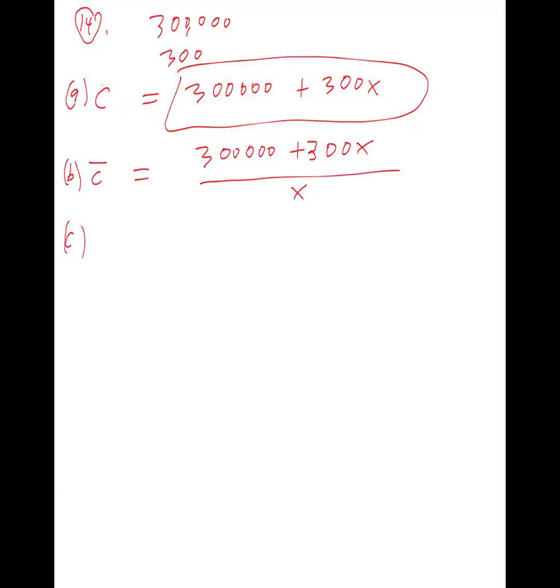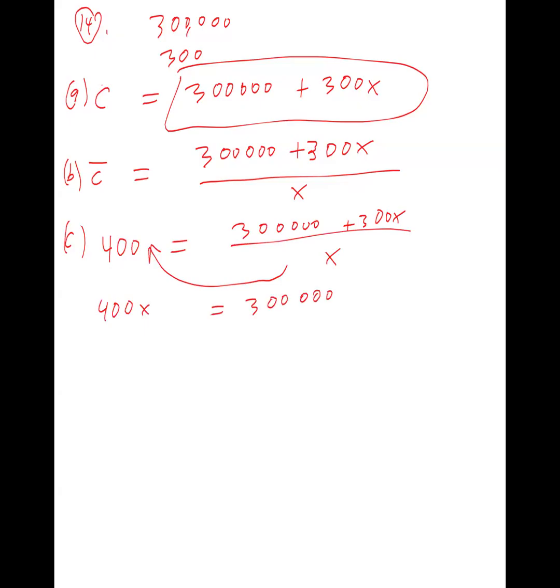So part C says how many mountain bikes must be produced each month to have an average cost of 400. So plug in 400 for the average cost and then solve the equation. So now cross multiply by x. So you have 400x equals 300,000 plus 300x.